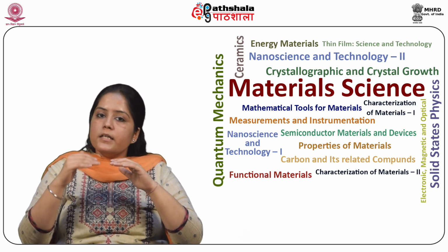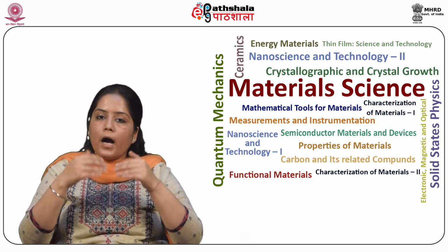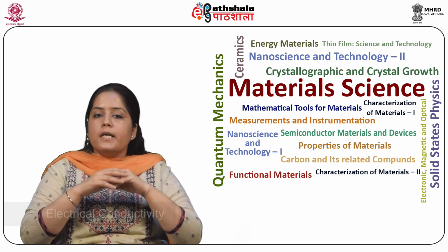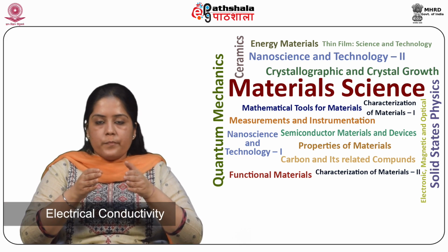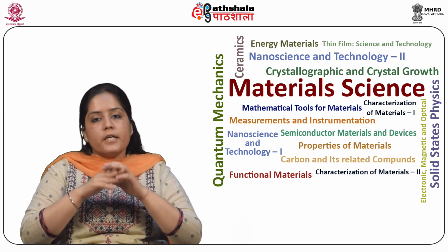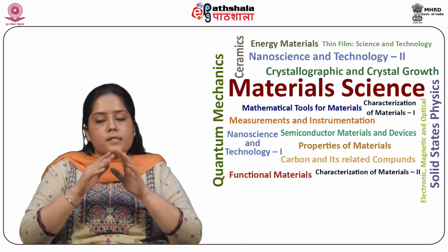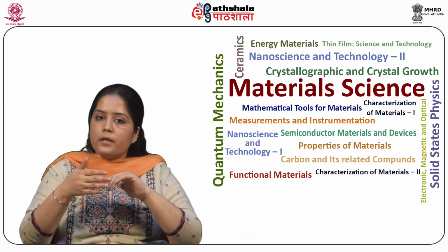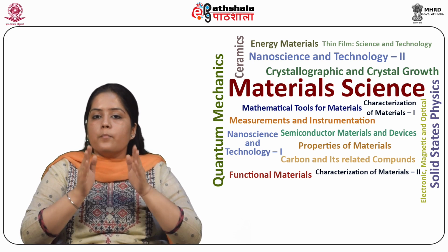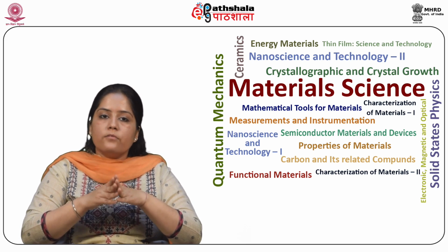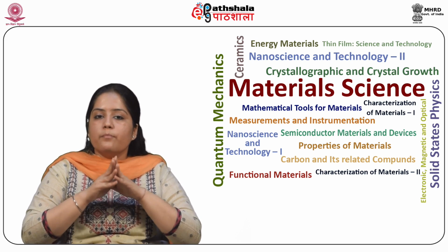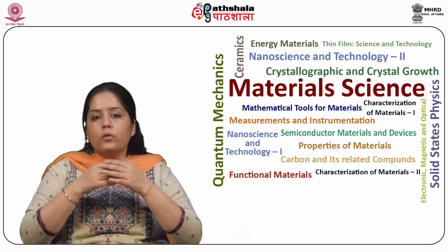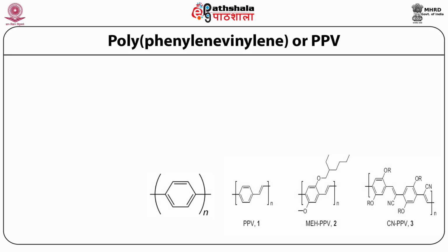A mechanically stretched and highly aligned PA can exhibit electrical conductivity of the order of 10 to the power 5 Siemens per centimeter after iodine doping, which is nearly comparable to that of highly conductive metals such as copper and gold.